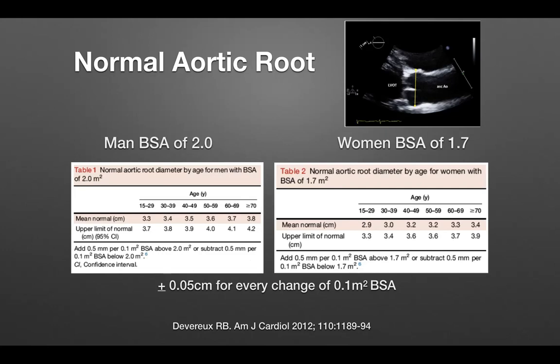You also can have a change in your aortic size based on your body surface area, and I've listed the numbers below on how to do that. But a 70-year-old man, a 3.8 centimeter aortic root or sinus of Valsalva is normal, with the upper limits of normal being 4.2. For a female who is greater than 70, the mean is 3.4, with the upper limits, if she has a BSA of 1.7, the upper limits is 3.9.